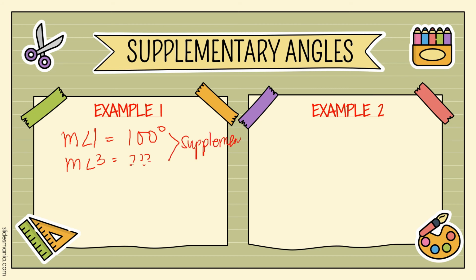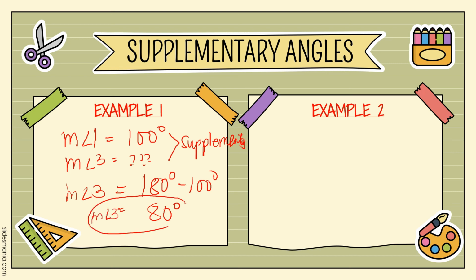If angle 1 is equal to 100 degrees, what would be the measurement of angle 3? To solve for this one, simply subtract 100 from 180 degrees. Since 180 minus 100 is 80, the measurement of angle 3 is 80 degrees.